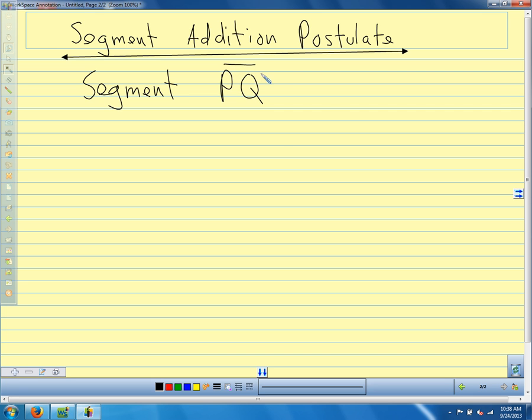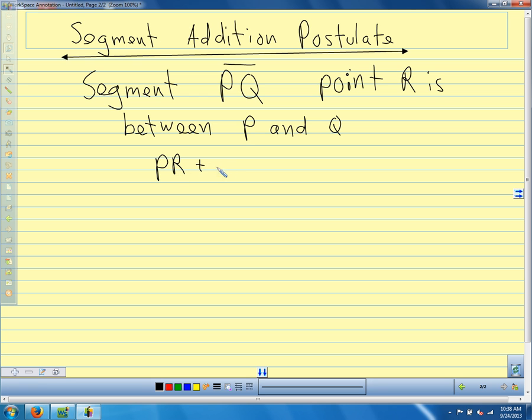So we have segment PQ, and on this segment, point R is between P and Q. When this happens, we can say that the length of segment PR plus the length of segment RQ equals the length of segment PQ.